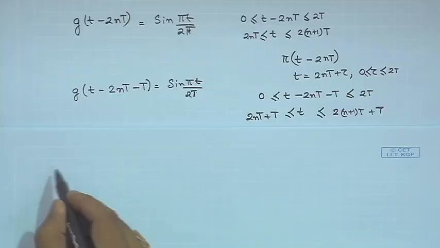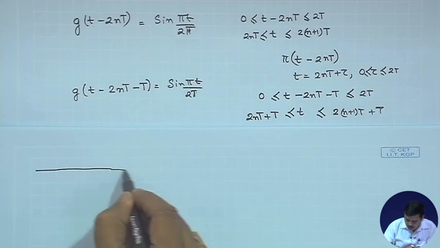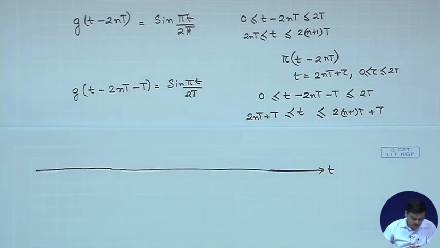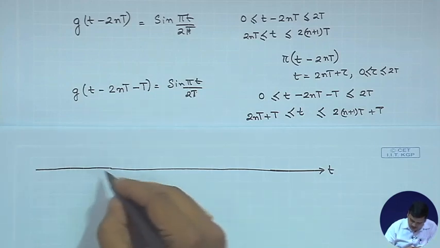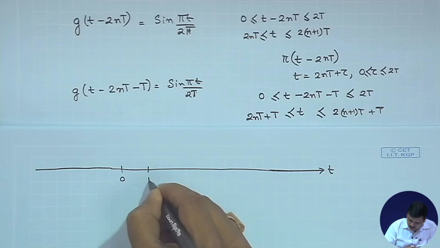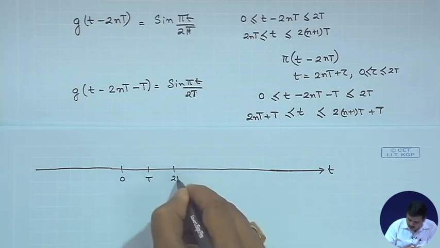So, these are the two things that we have, and using these two we can now see how the waveform would look. If we have the time axis over here, and mark, let us say, 0, this time I should draw it a little bit bigger.